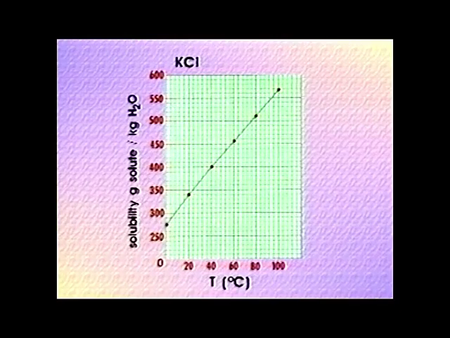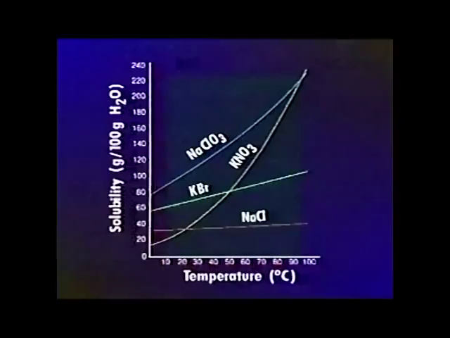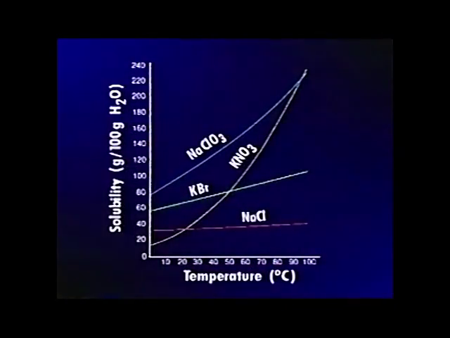Potassium chloride increases. And sodium chloride shows very little increase in solubility. Generally, the solubility of substances that absorb heat in dissolution increases with temperature. In contrast, the solubility of substances that release heat on dissolution decreases as temperature increases.